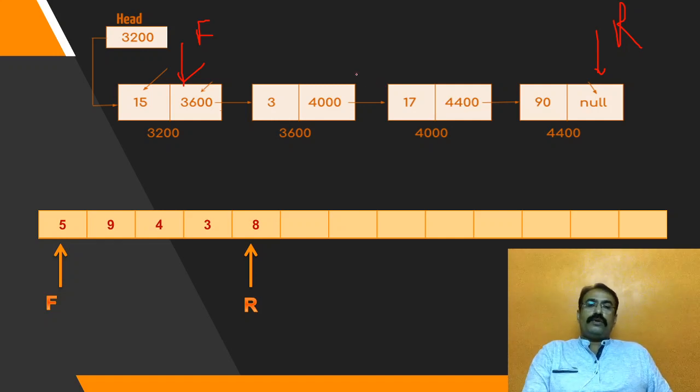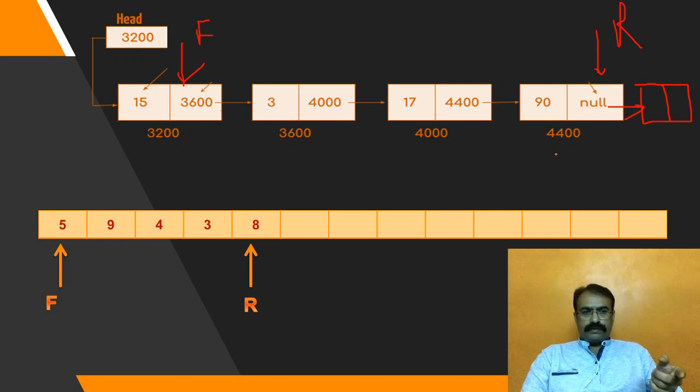Now whenever I want to add an element in a queue, I am going to add an element at the end of the linked list. So whatever logic of the end of a linked list is there, that can be applied. Means get the last node, the node which has its next field as null, and add that new node after that.